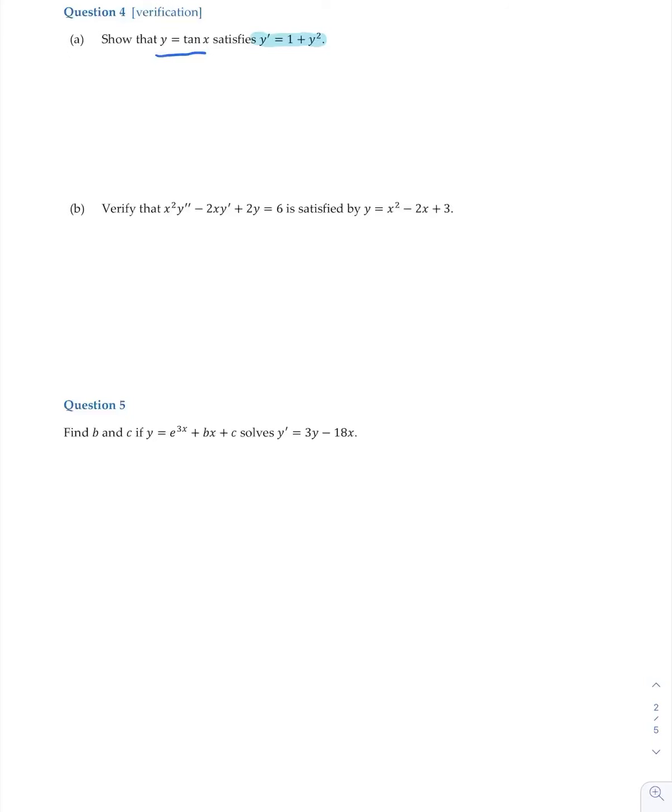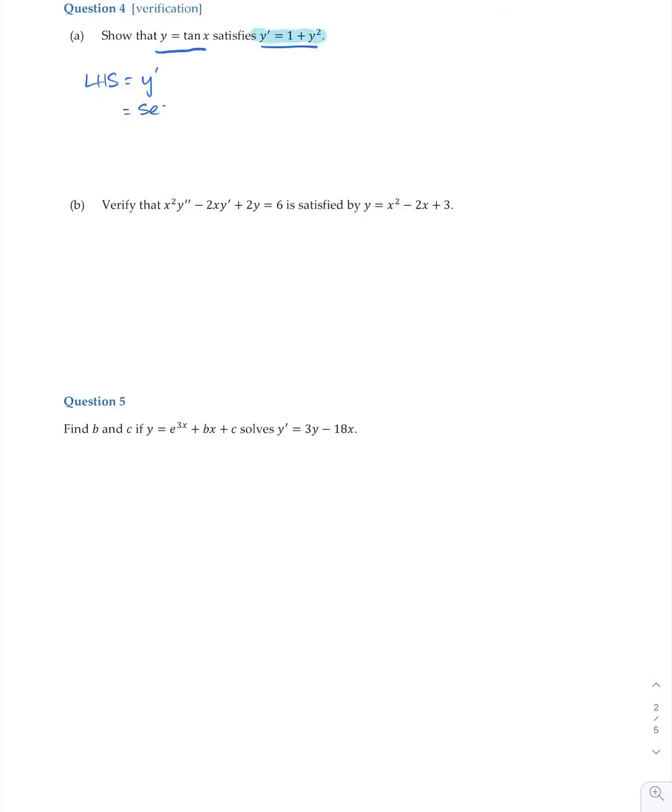So basically, when we show that, I'll go for the left-hand side, right-hand side working. The left-hand side is y dash, and if y is tan x, then y dash is sec squared x. Can't simplify that anymore.